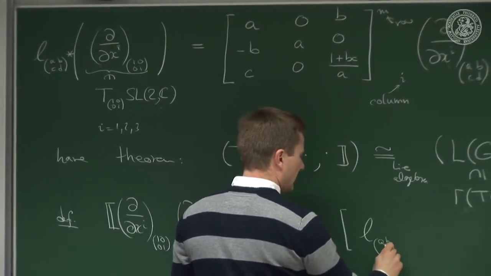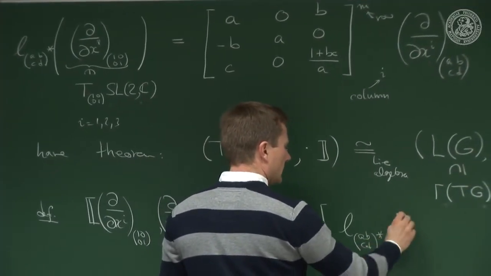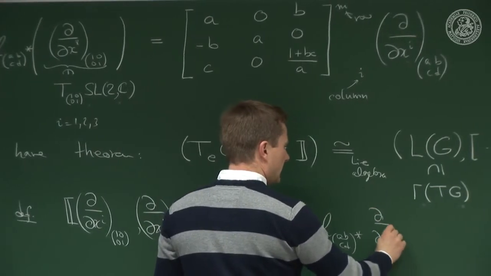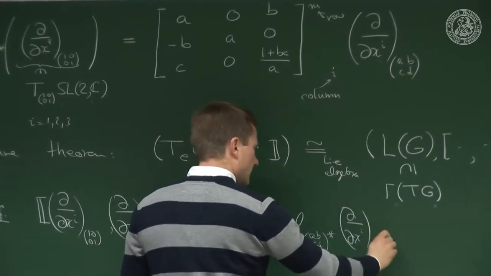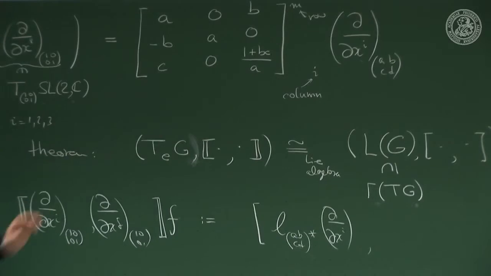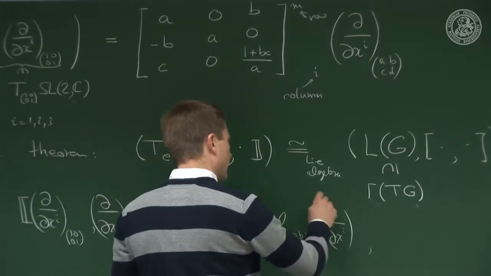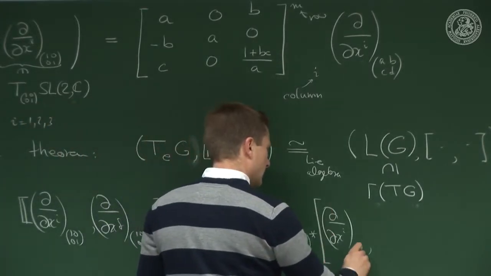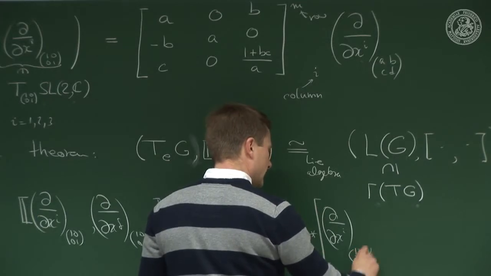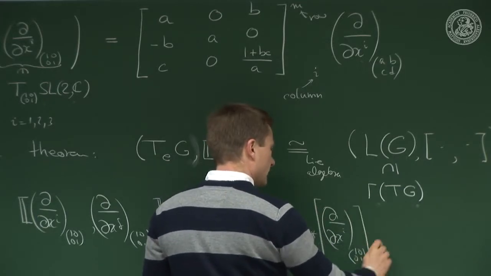As indicated above, we push forward the d by dxi vector to a point A, B, C, D in the manifold. So if you're really picky, we indicate here that this is a vector at the identity that's being pushed forward.